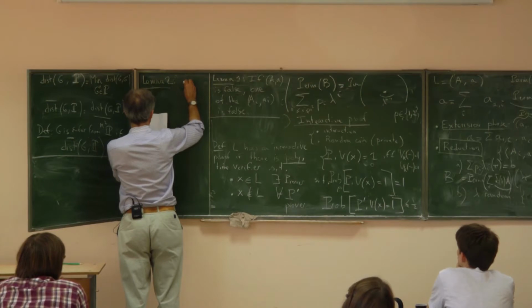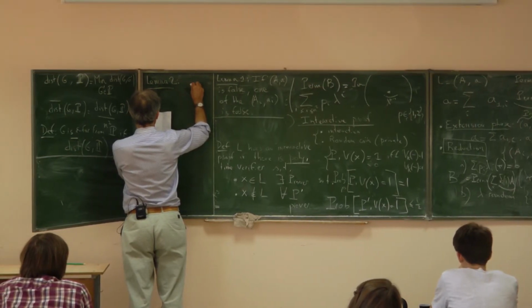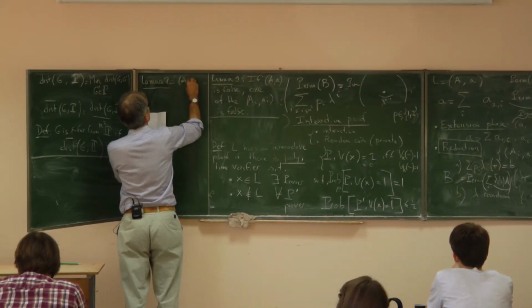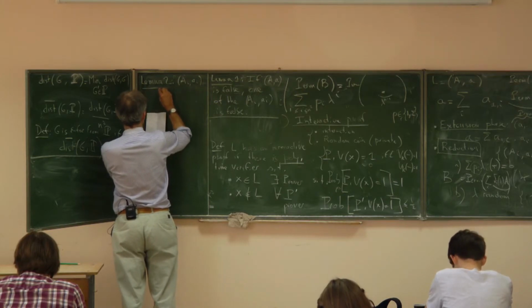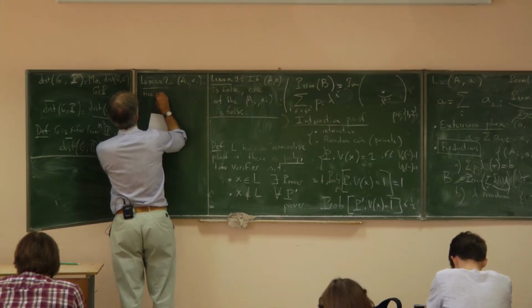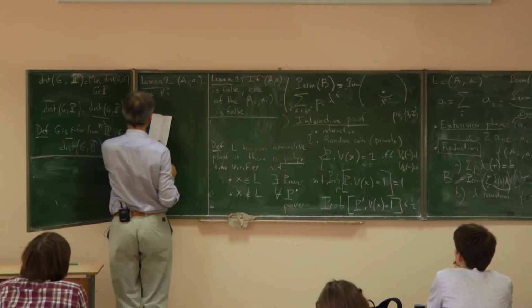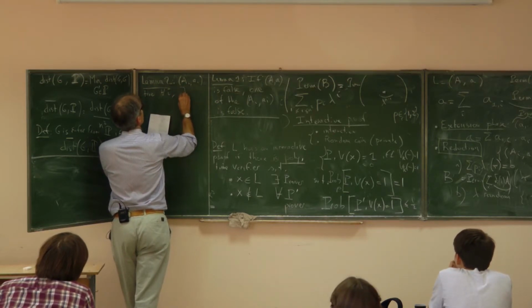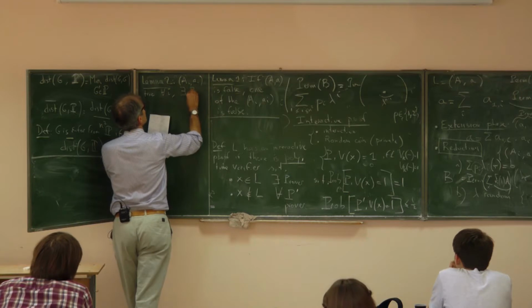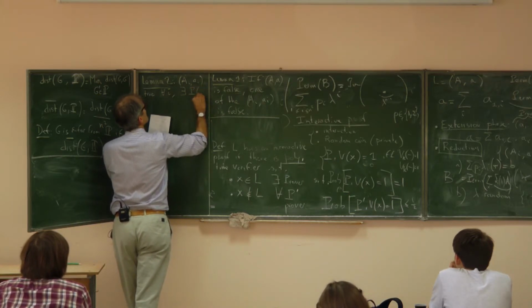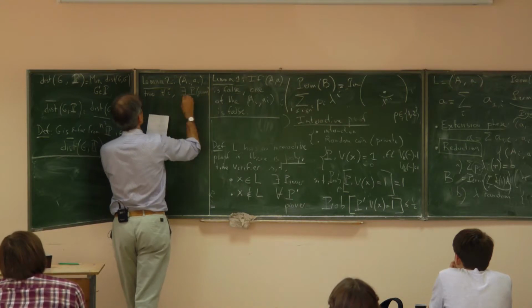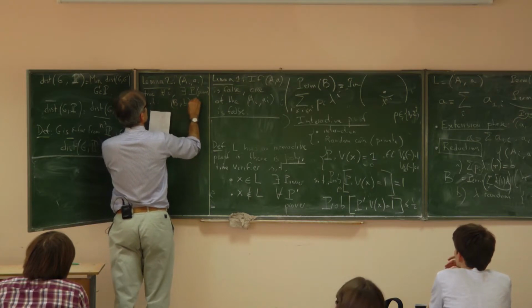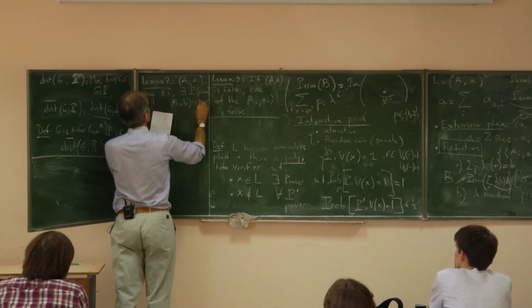Okay, so if A_i is true for all i, there exists a prover P such that V is true. Okay, so that's the first part.